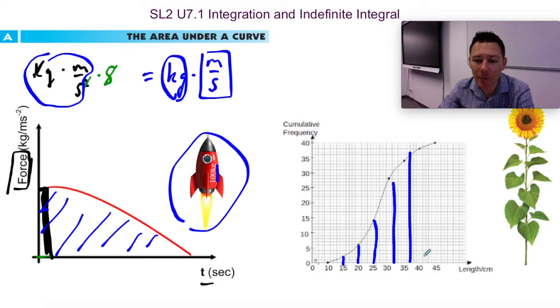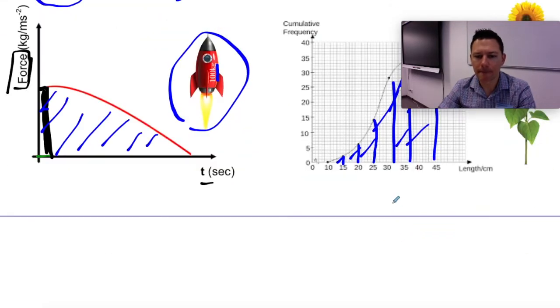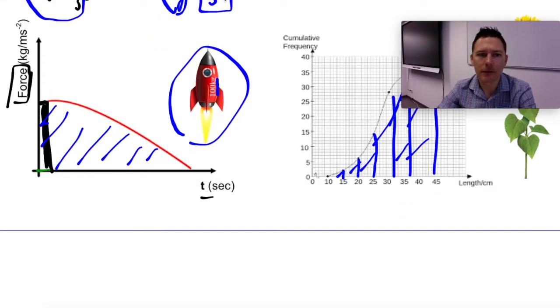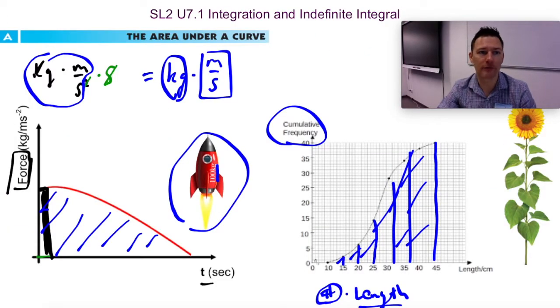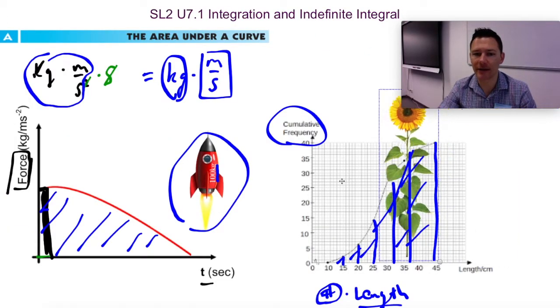If you found the area underneath this, this would be the number of the occurrences times the length, right? And so you get the total length of all the sunflowers that had been grown stacked end to end.